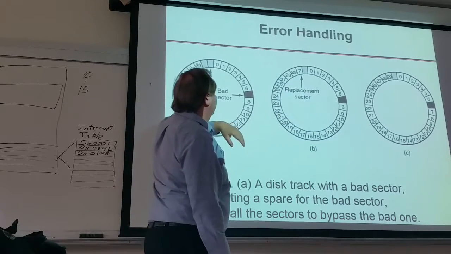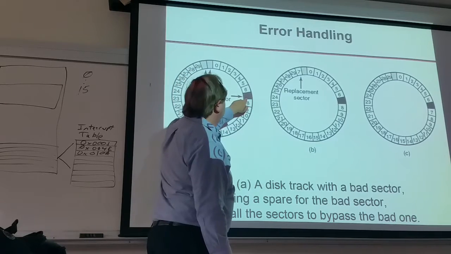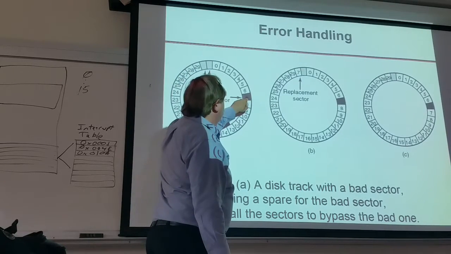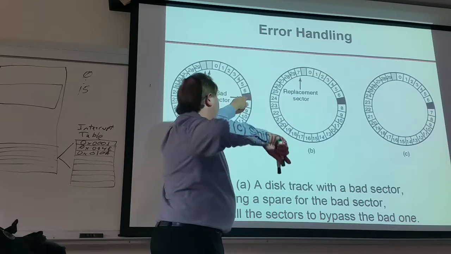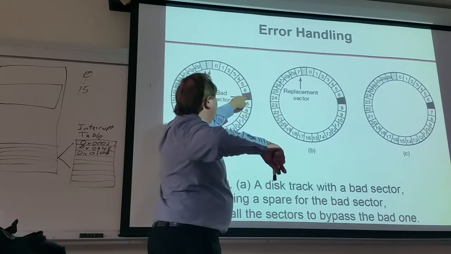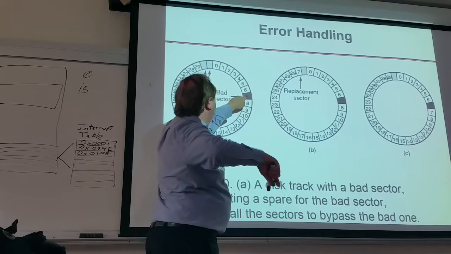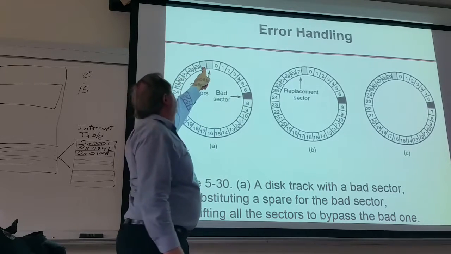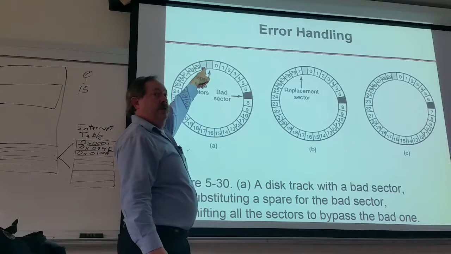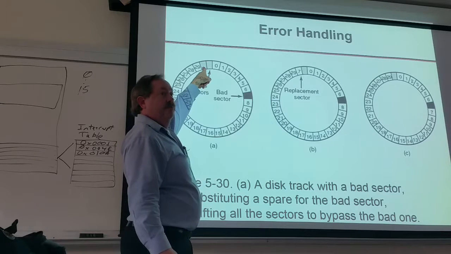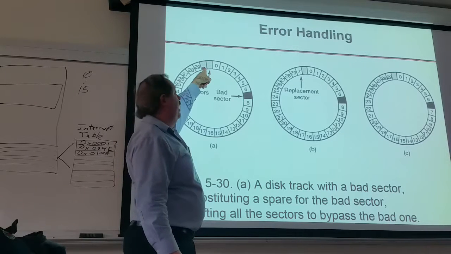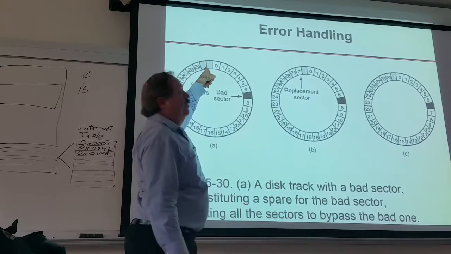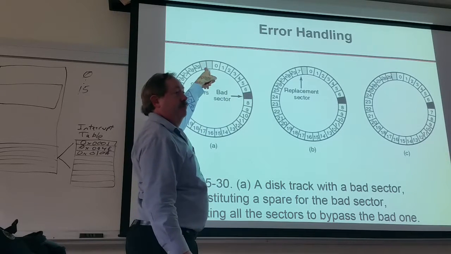I flag it as a bad sector, in which case I mark it as bad in the file system itself, and the file system's address for this sector number 7 now becomes one of my spares. So in this case, sector 30 is now virtually my 7. So anytime I try to get to address sector 7, I will go to sector 30 instead. Okay?